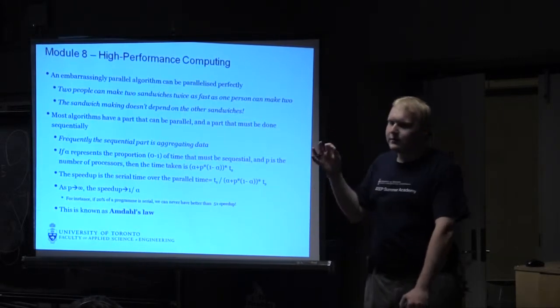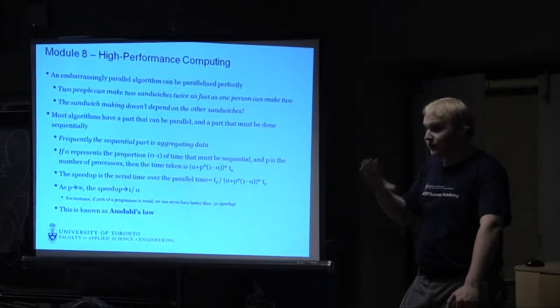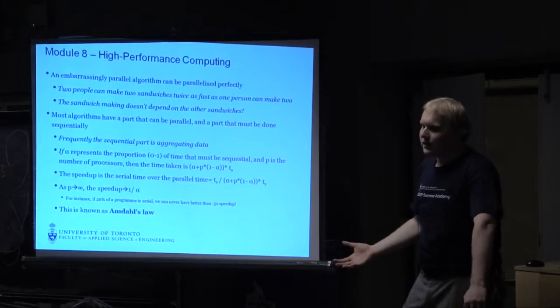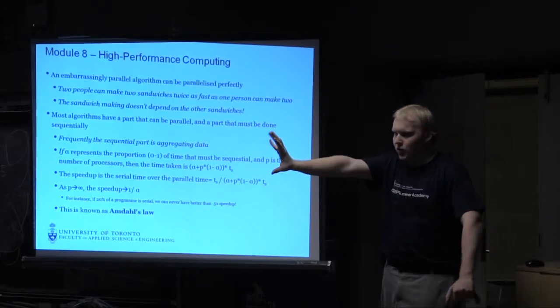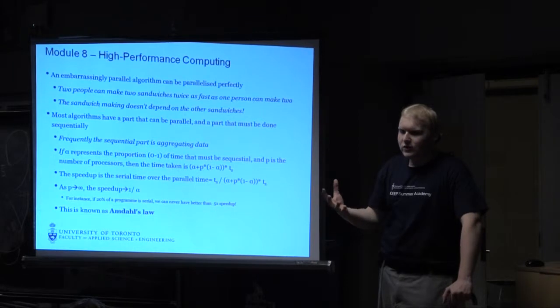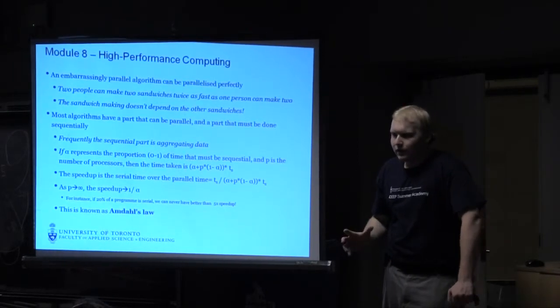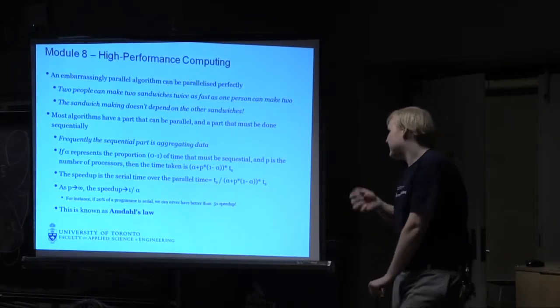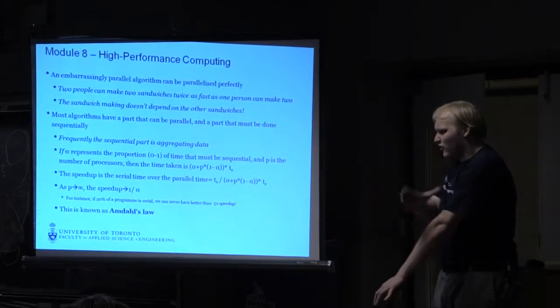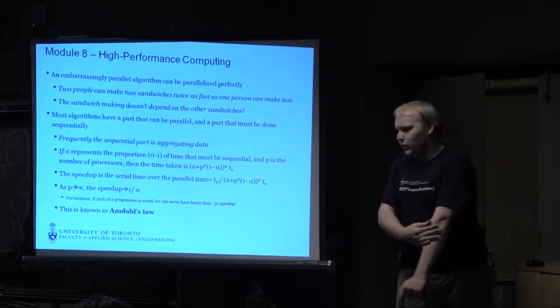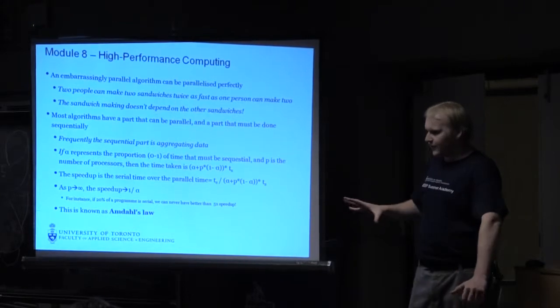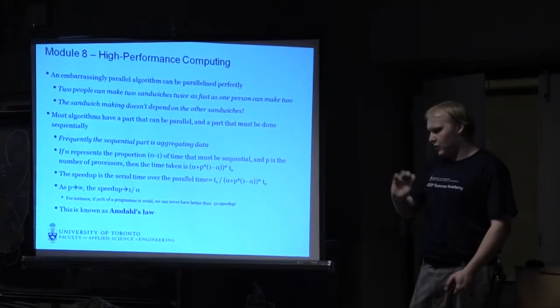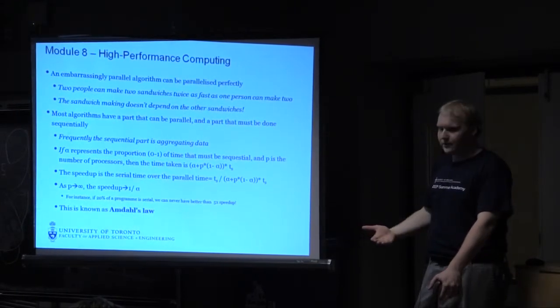If alpha is 1, it means the entire thing is sequential, so we can't parallelize any of it. If alpha is a half, it means that half the code is going to be sequential and the other half will be parallel. Right? So usually a decent alpha value is like 0.1 or less. That means that a tenth of the code or less has to be run in sequence. The rest can be parallelized.